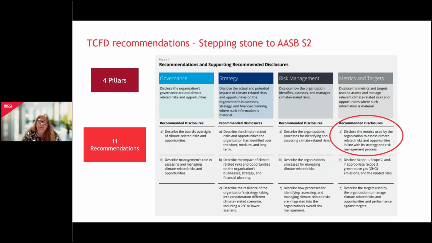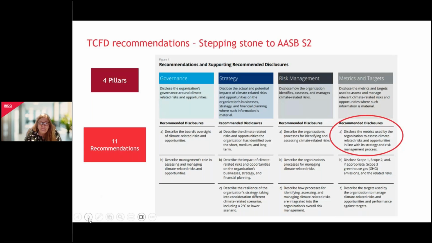So just want to reiterate again that AASB S2 is an extension of the TCFD recommendations, and actually applying and voluntarily adopting the TCFD recommendations while you're waiting for a mandatory application of AASB S2 would be a really good stepping stone to get ready for AASB S2.